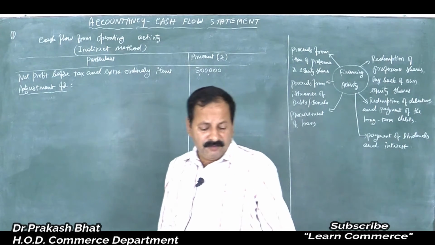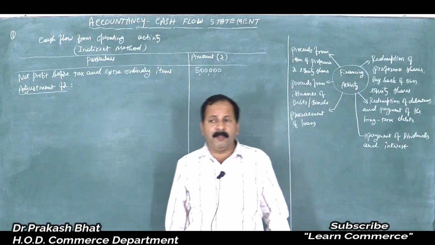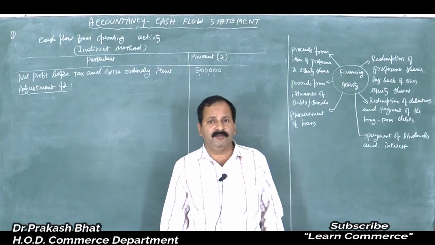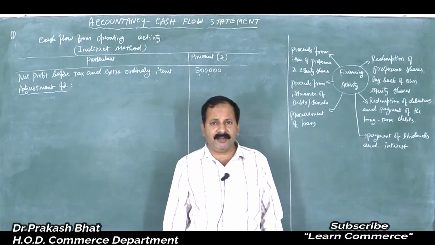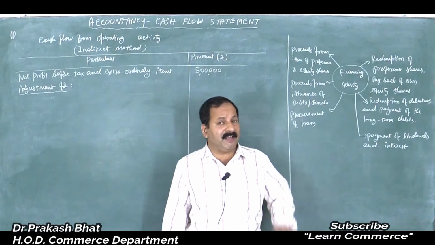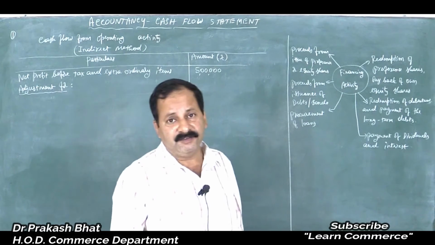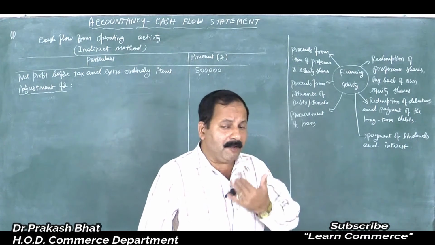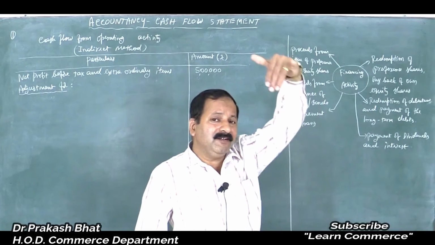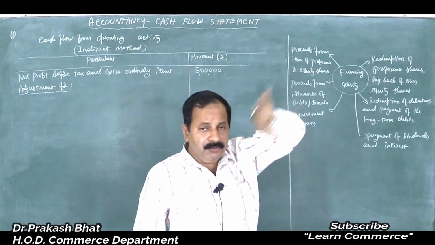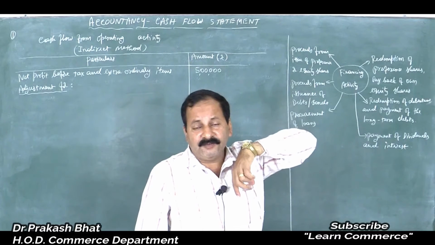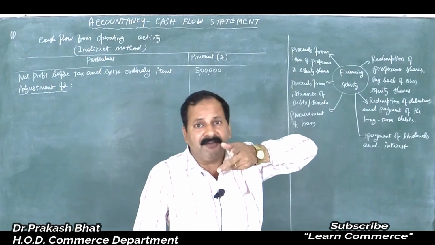See friends, whenever depreciation is there, normally what we used to do? We used to deduct. Am I correct? Depreciation is to be deducted because it is an expense, non-cash expense. But here, as we are going by reverse calculation, what we have to do? We have to add it.